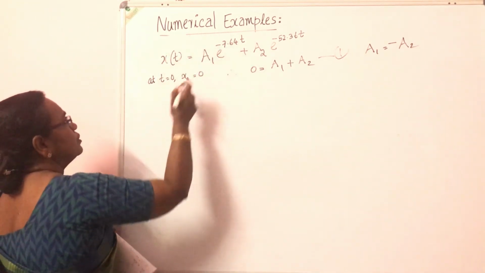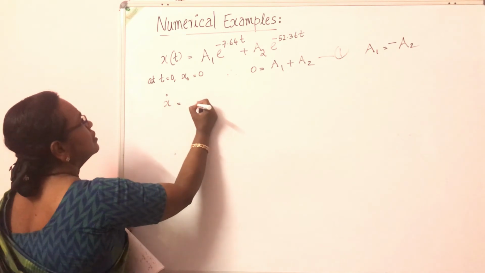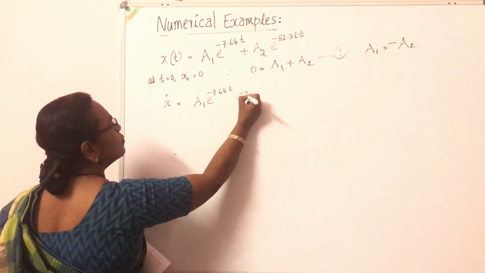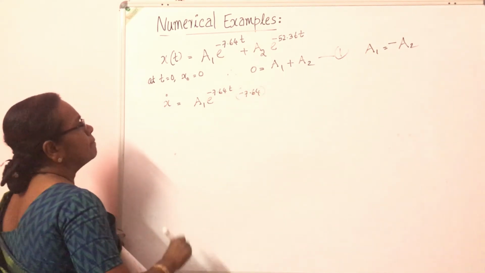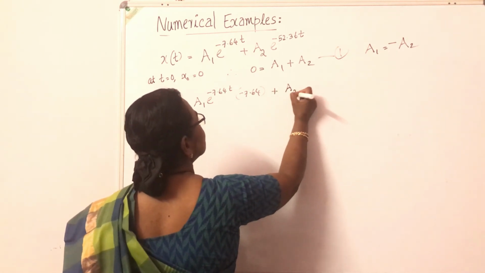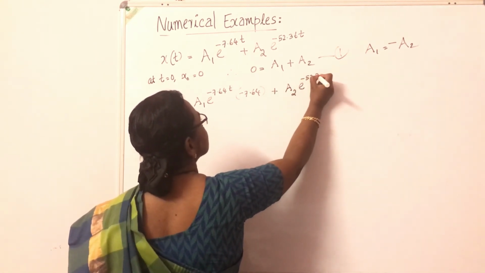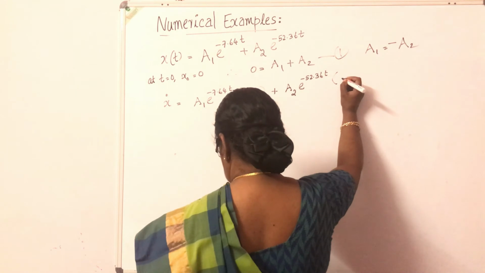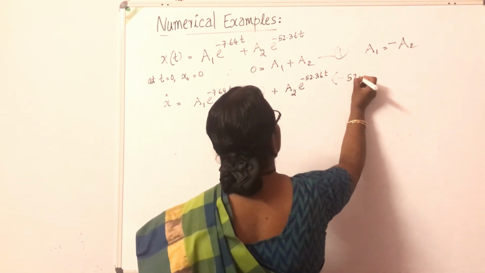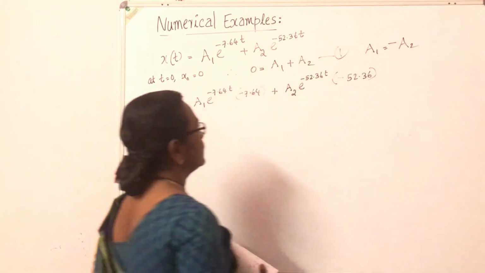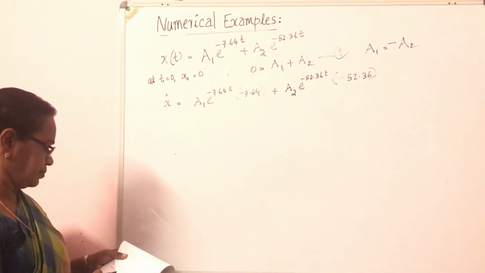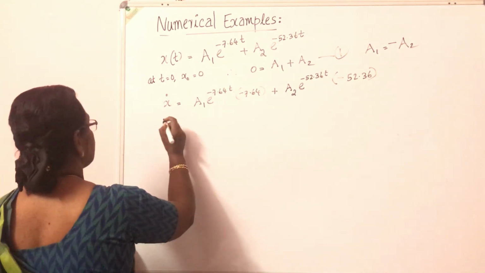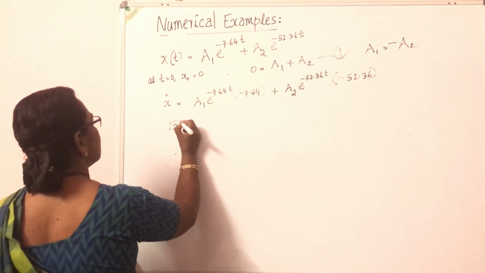Now we differentiate this. x dash is equal to a1 e raised to minus 7.64 t into minus 7.64 plus a2 e raised to minus 52.36 t into minus 52.36. Putting t is equal to 0 in this expression, x dash is 150.